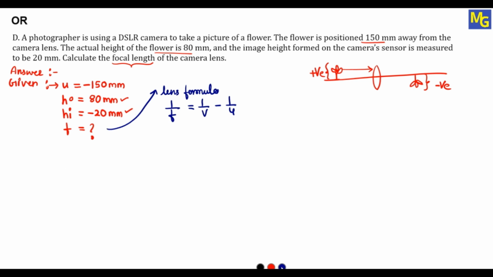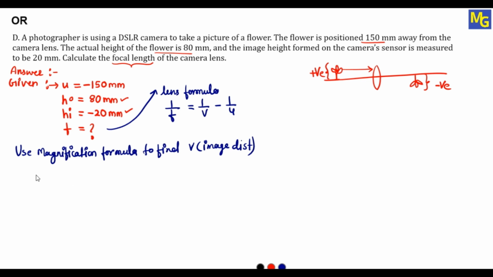So I will use the magnification formula to find V. V means what? Image distance. So let's start. Use that formula.